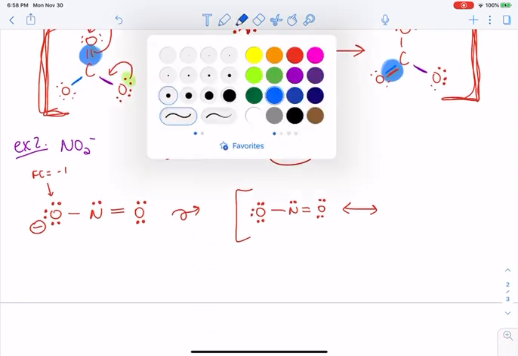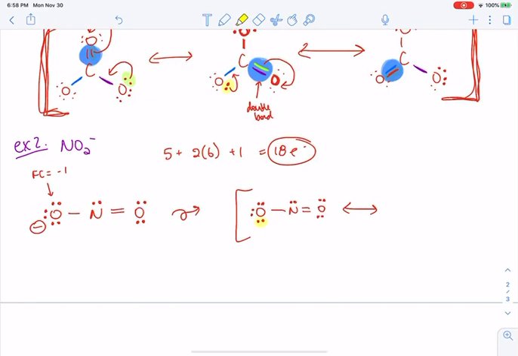So let's move these electrons, let's turn those into a bond. And then we have to take this bond and turn it into lone pair electrons. So it looks something like this.